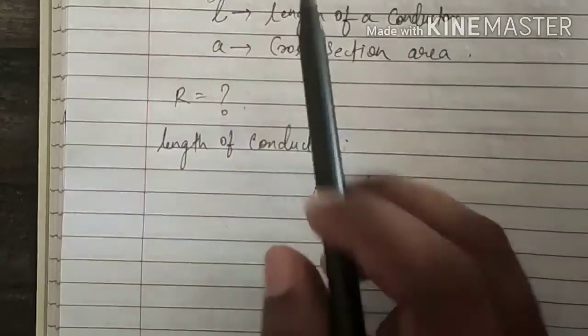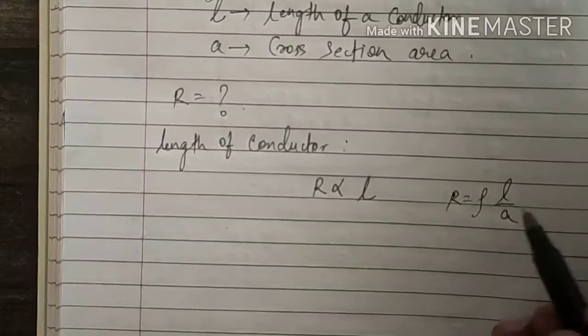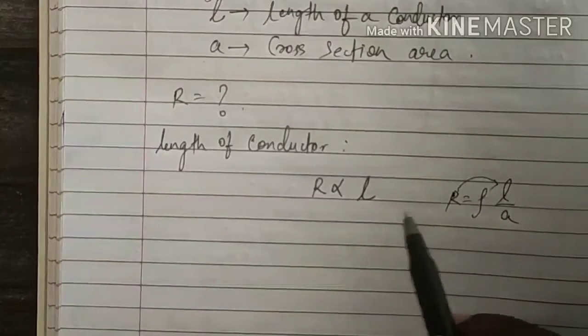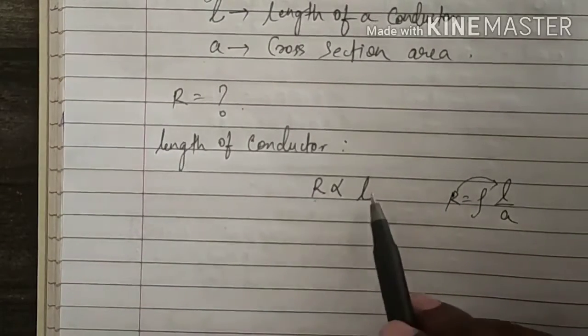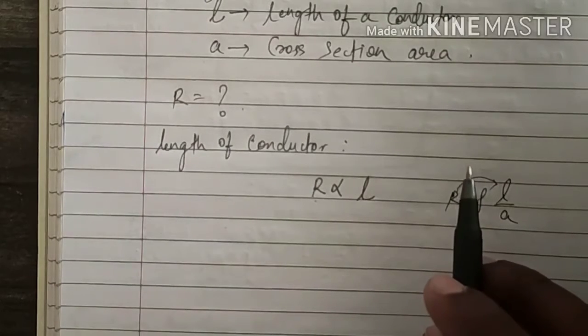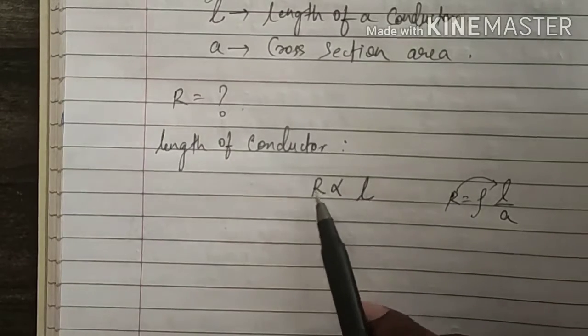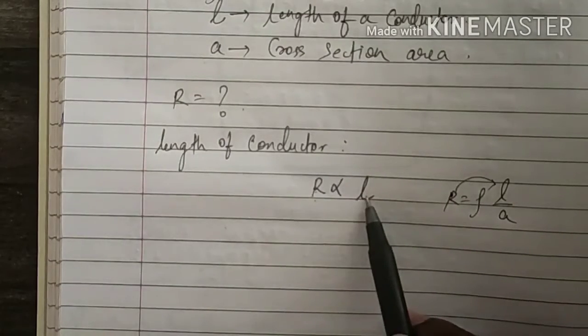From the formula R is equal to rho L by A, R is directly proportional to the length, so the resistance value is completely dependent on the length. Hence the resistance increases with the length of the conducting material.